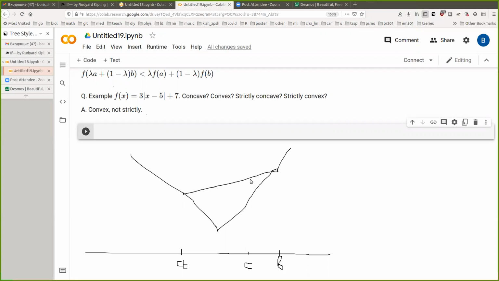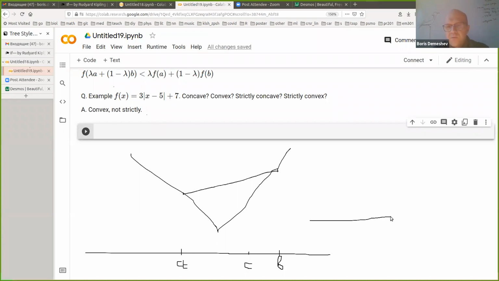Yes, and why is this not strictly convex? But I can choose A and B differently. If I choose A and B here, my segment will just coincide with the function, you see? And the strict inequality that the segment is strictly above my function will not be satisfied.